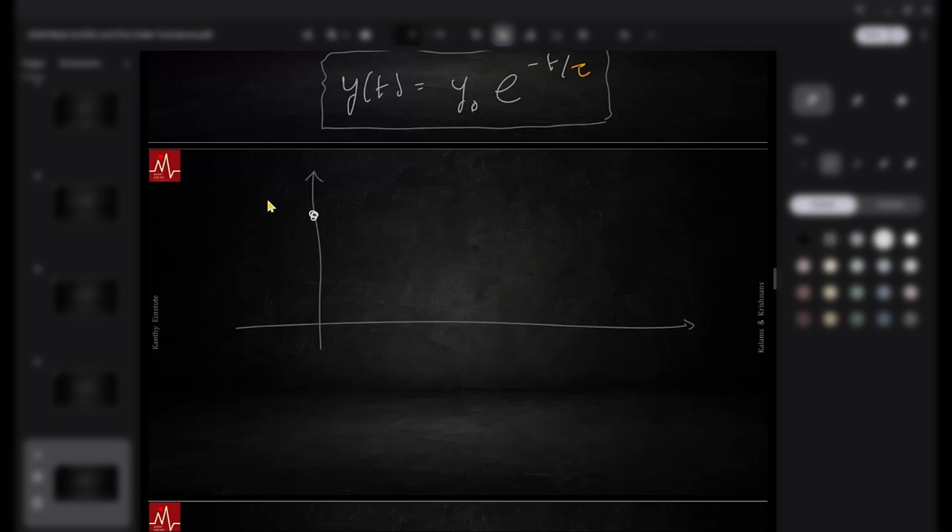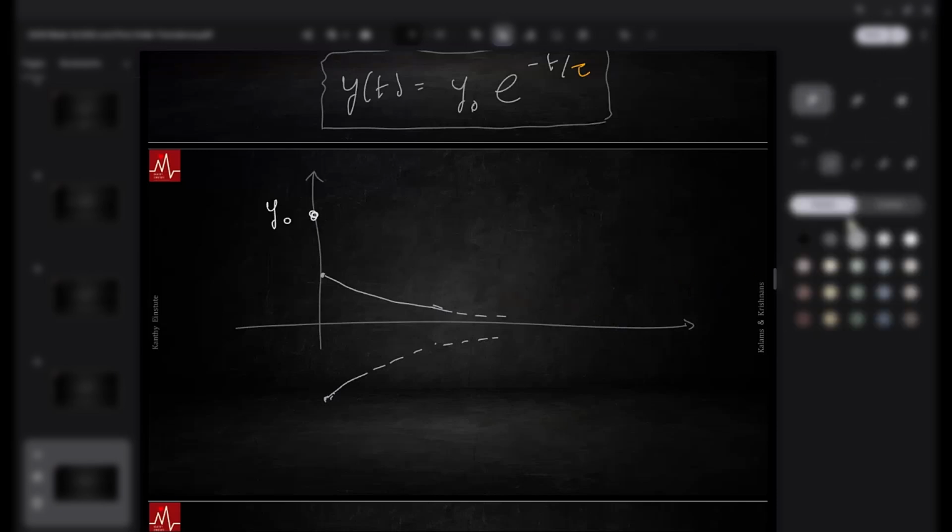Wherever y0 is, it is going to decay. y0 could be here, any other y0. Wherever you start, it decays. It could be a negative y0 also, but it's going to steady state. So they are all headed to 0.